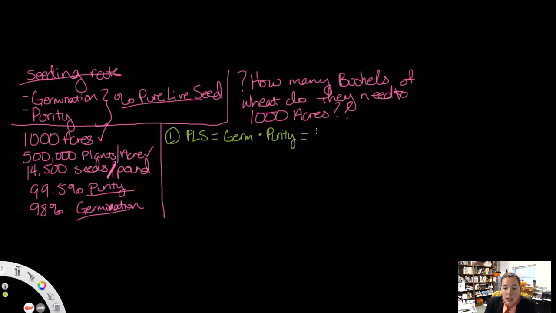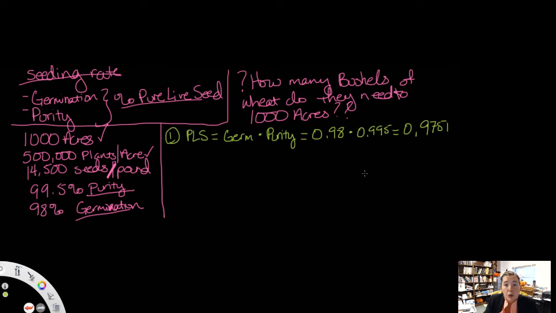So we've got our germination is going to be 0.98 times purity, which is 0.995. So when we actually go through that and calculate that, we've got our 0.98 times 0.995. You get 0.9751. So this is going to be our pure live seed.